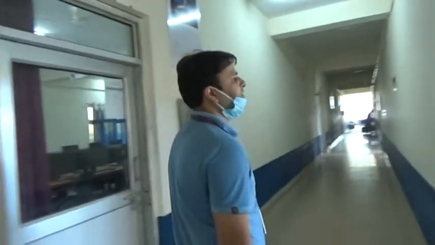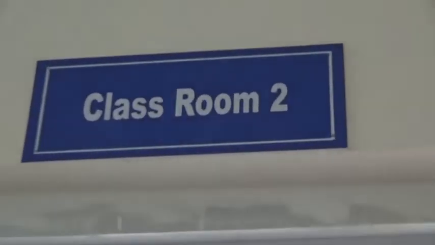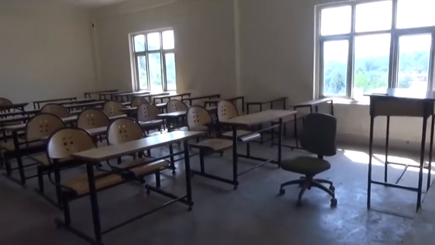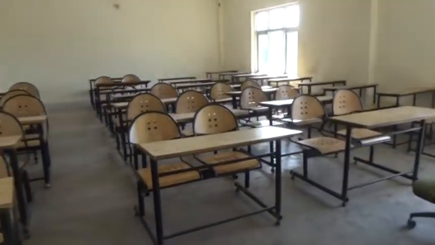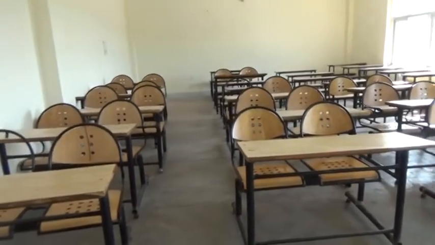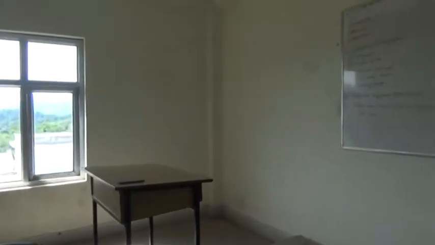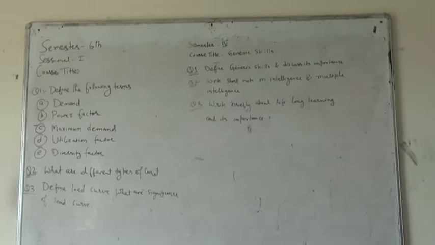We'll be moving towards another classroom, classroom number 2. These classrooms are spacious and they can easily accommodate 50 to 60 students at a time. The area of these classrooms is 66 square meters.